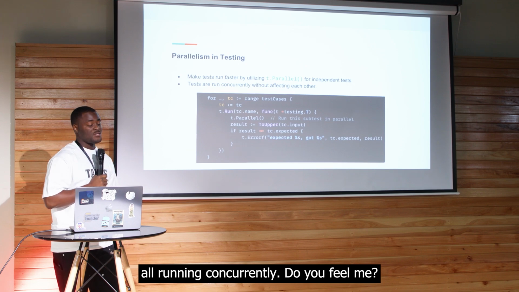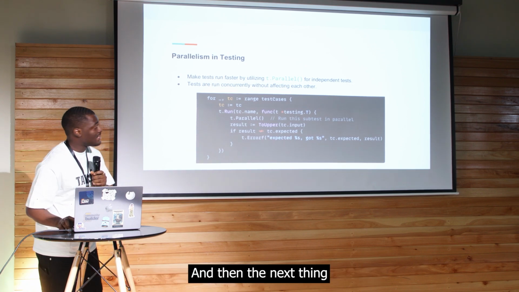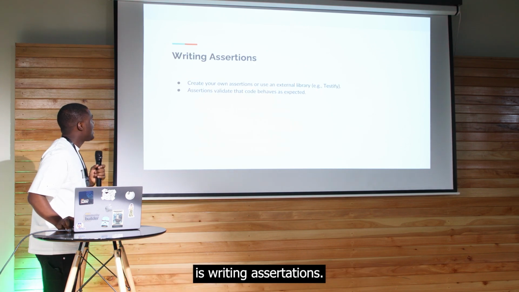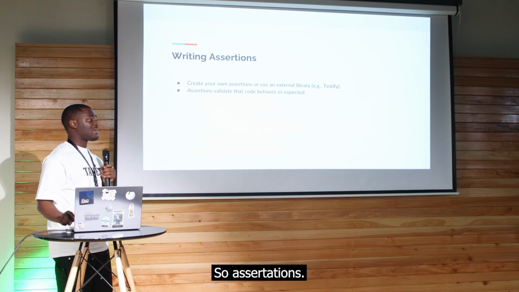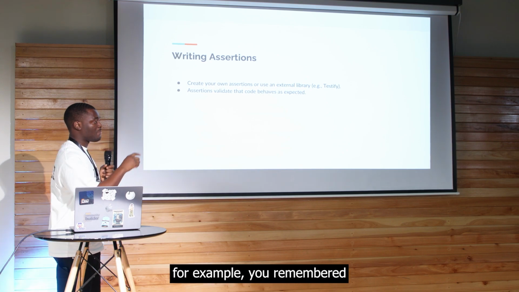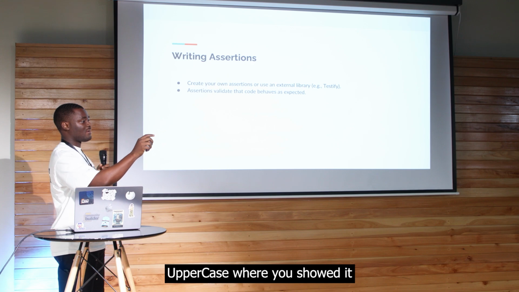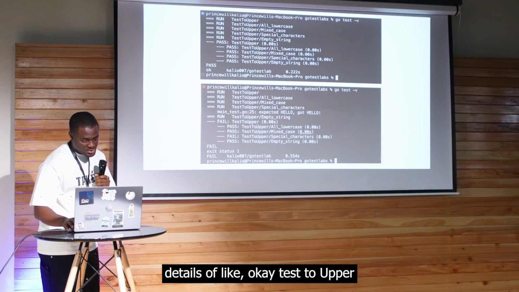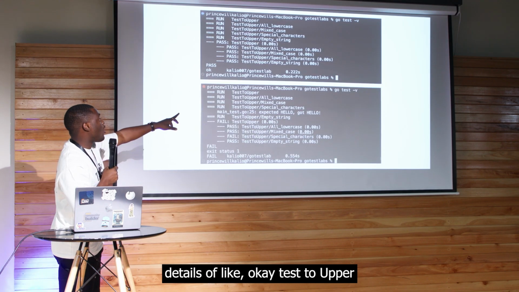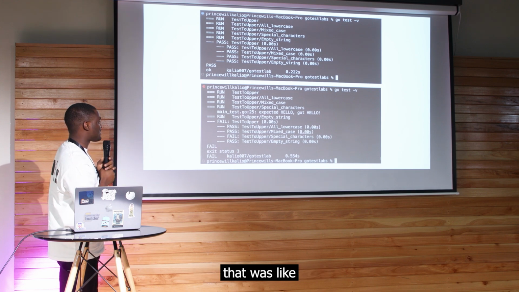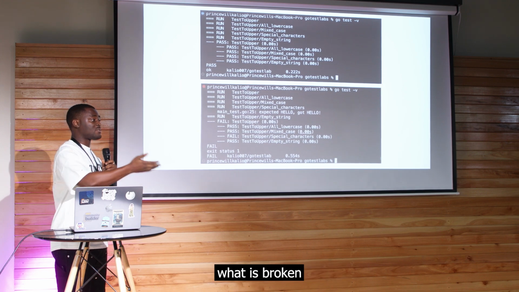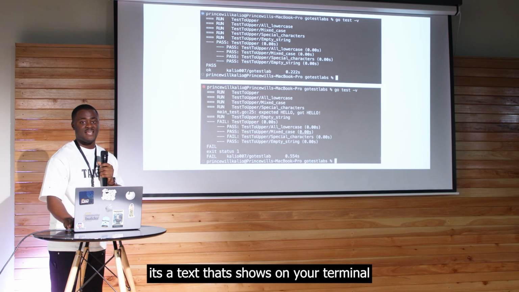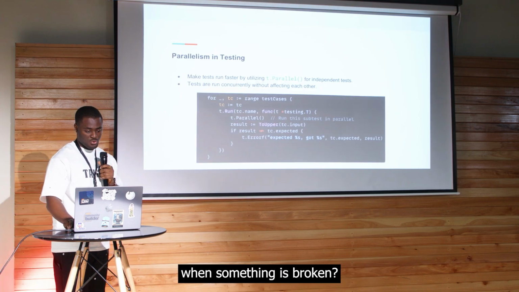Do you feel me? The next thing we want to talk about is writing assertions. Assertions are, for example, you remember uppercase, where it showed the details, like, okay, test to upper, and then it showed what is broken. Do you understand? It's the text that shows on your terminal when something is broken.